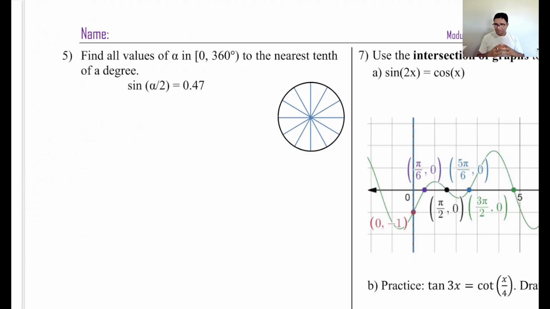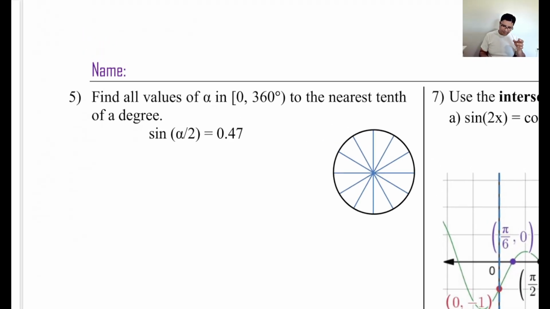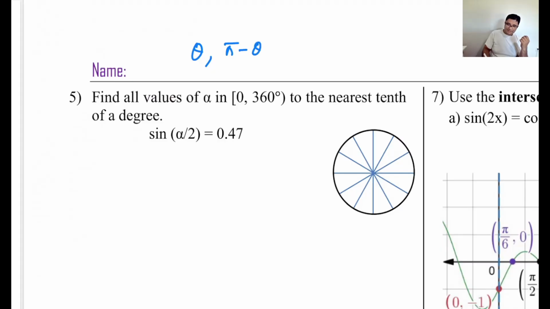Now for this problem, first you will have to use the calculator because the value is not a standard angle. But other than that, the logic is the same. It is a basic sine equation. Once you know the smallest theta, the other angle will be pi minus theta between 0 and 360.